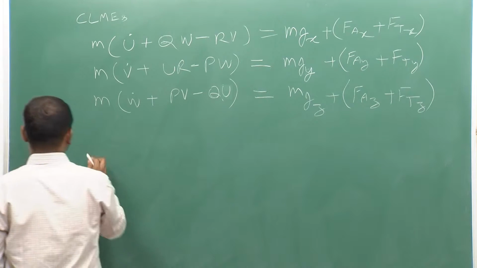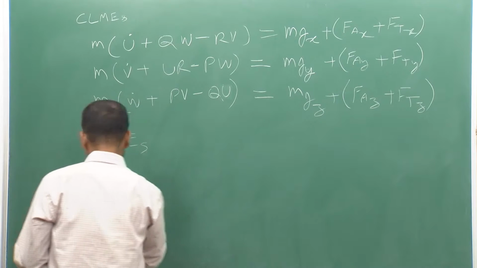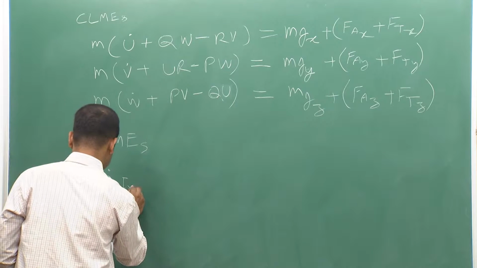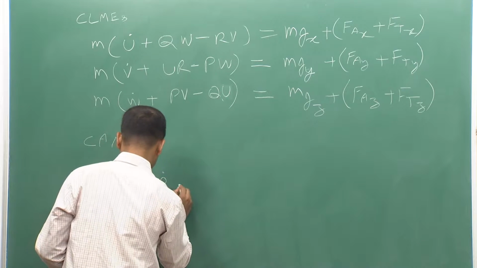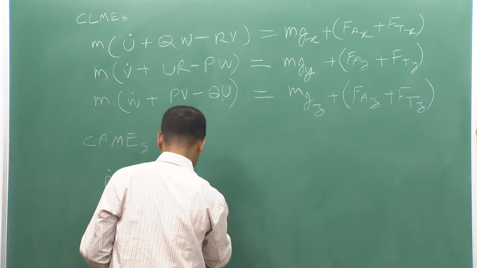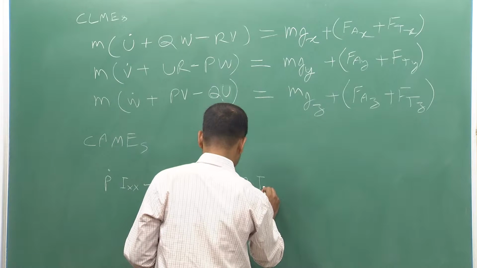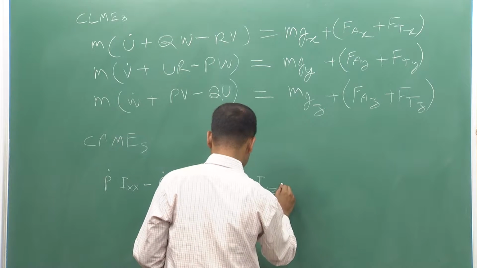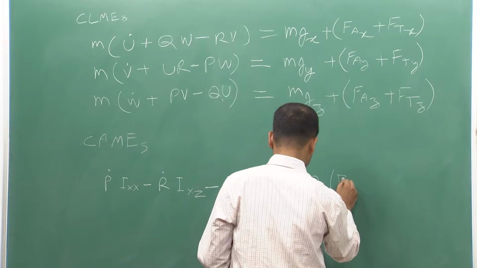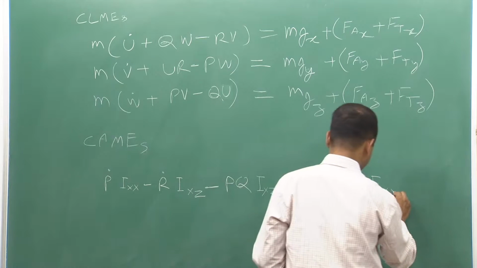And the second set of equations, the conservation of angular momentum equations, and these were p dot I x x minus r dot I x z minus p q I x z plus r q I z z minus I y y.